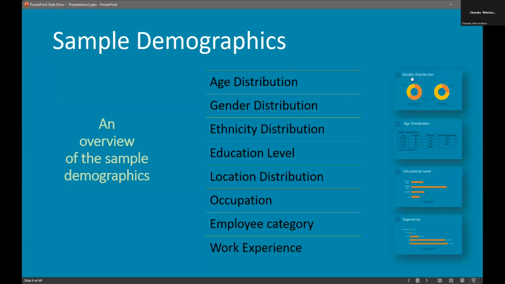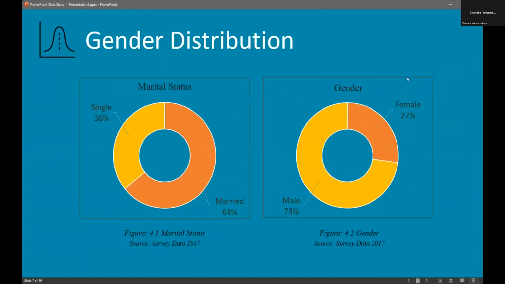First we have gender distribution. The way that I have presented it here, you can see gender as well as marital status all together. When you are presenting your data, you have to think of a creative way of presenting it. You have to think about what sort of presentation tool I should use.